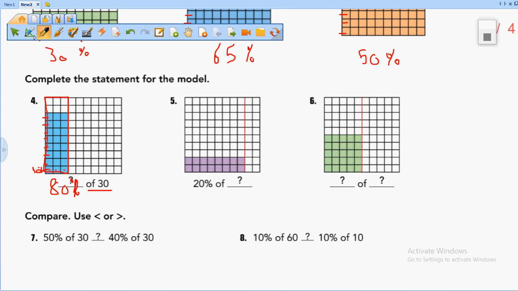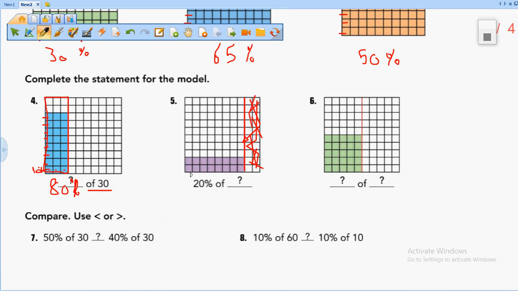Here it's the same. Look again, where is the red line? Because the question asked me to complete the statement for this model, and here we have a red line, I will not count these. I will not count them. Okay, only to the red line.